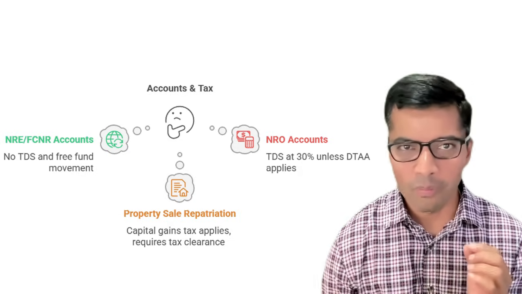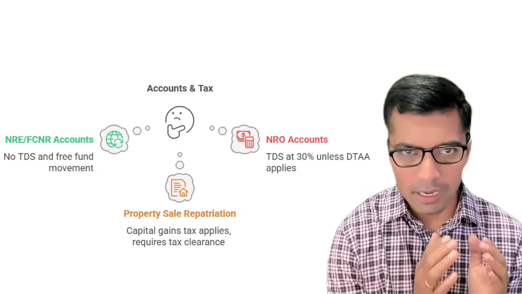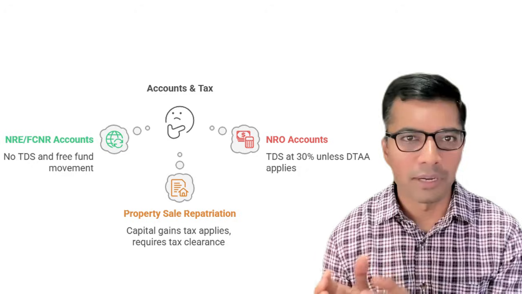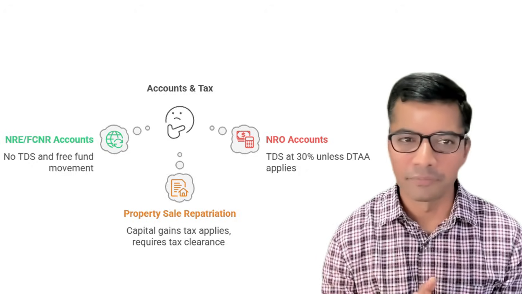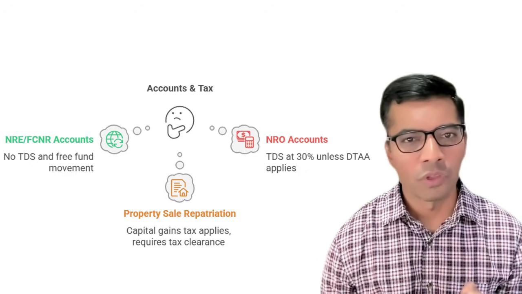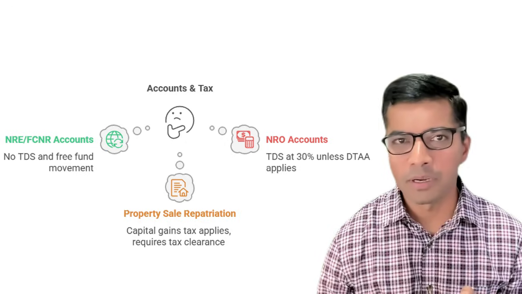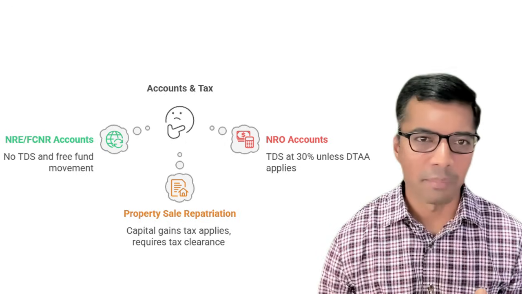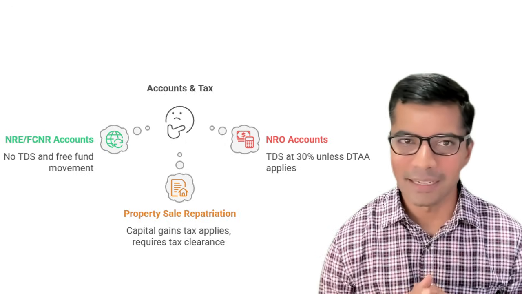This is where a form is required, which dictates what is the applicable tax rate if there is any DTAA. Capital gain tax. If you're repatriating money from a property sale, capital gain tax applies and you need a tax clearance certificate.